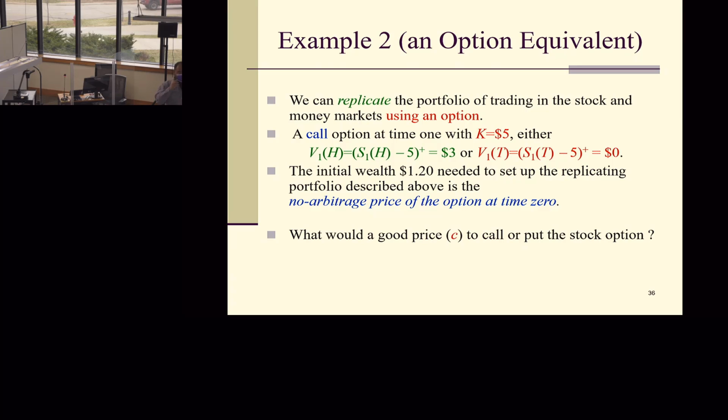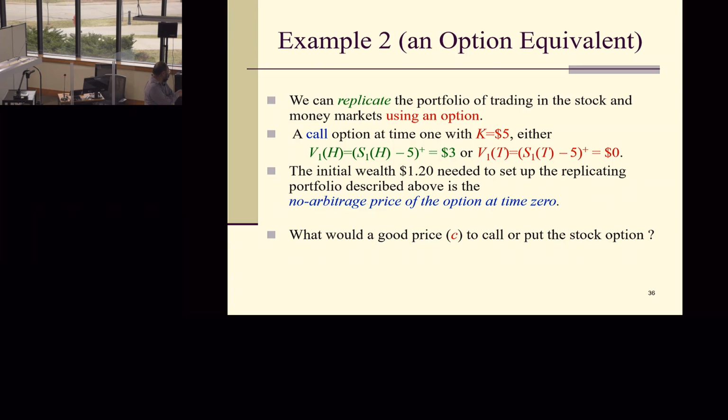So now I have a money market, I have a stock, and I set up a game. Now I'm looking for an equivalent option so that I can offset the game. You understand what I'm trying to say? So I'm finding an option with a strike price K where either outcome will be $3, which is fairly easy. If the stock price at time 1 is going double, which is $8, everybody see this?